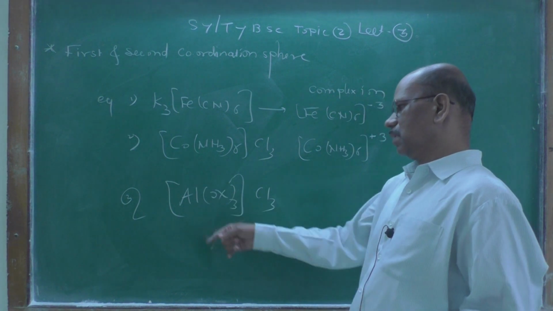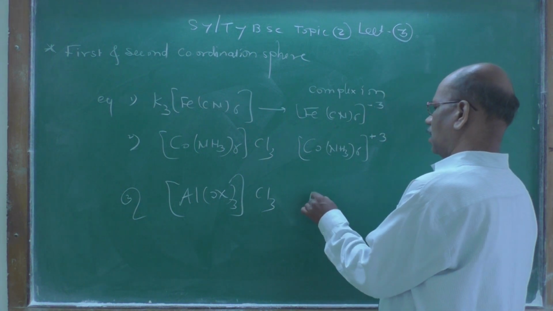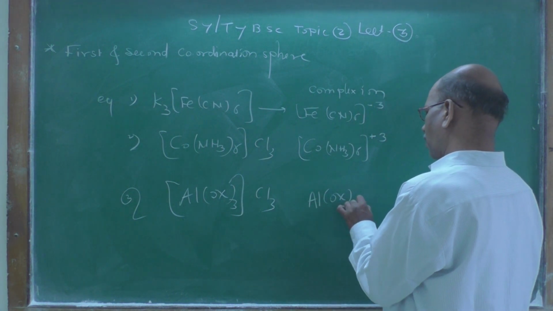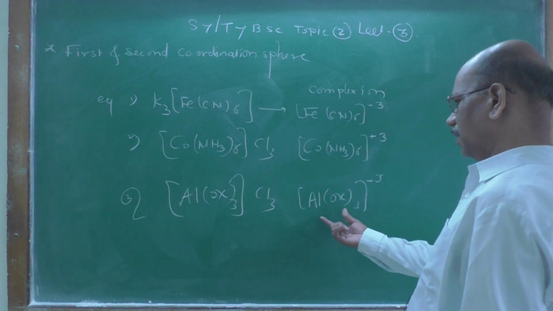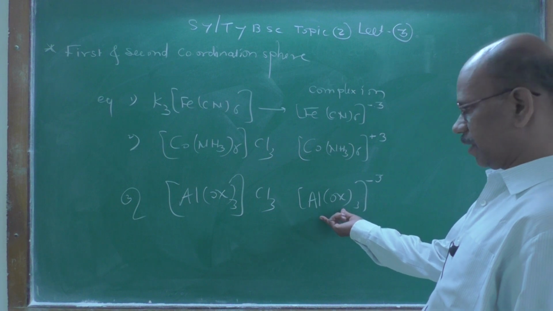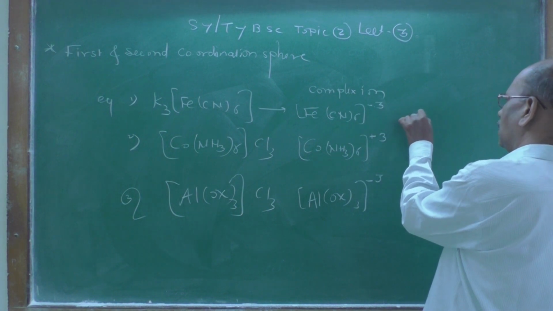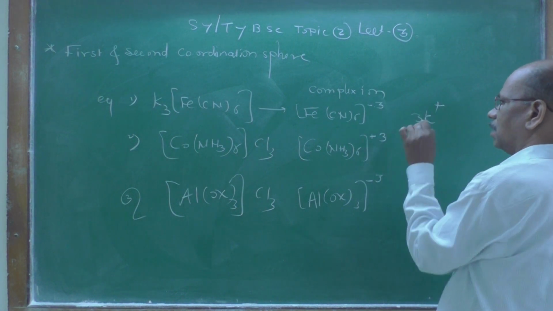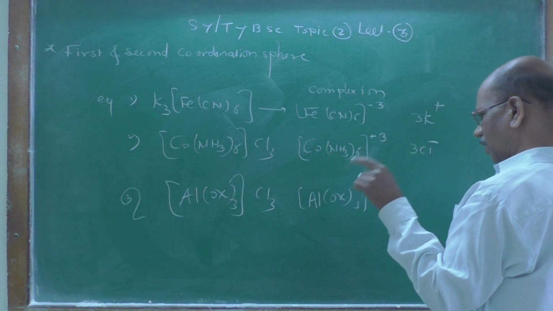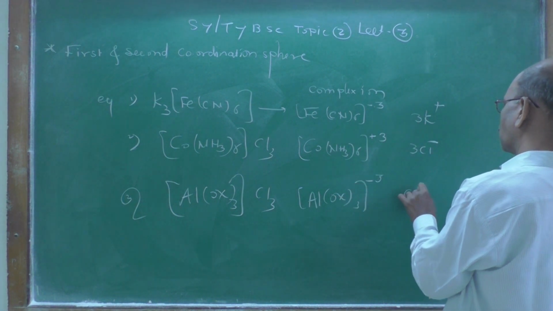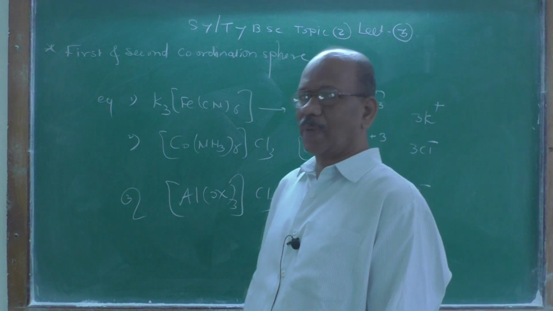Again here this trioxalato aluminate ion, complex ion is [Al(C2O4)3], it is minus 3. It is present in the first coordination sphere, and 3 potassium ions are present in the second coordination sphere, 3 chloride ions are present in the second coordination sphere, here also 3 chloride ions are present in the second coordination sphere.